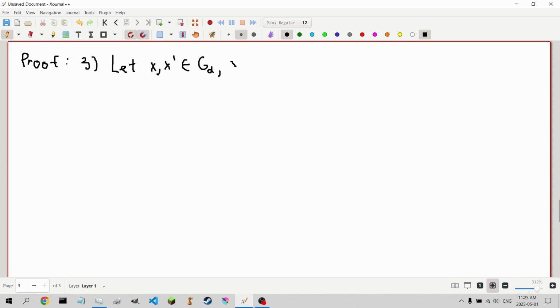And similarly, we're going to take two elements, y and y prime, from G beta. And we obviously have that their conjugate term is going to be inside G of alpha plus beta.